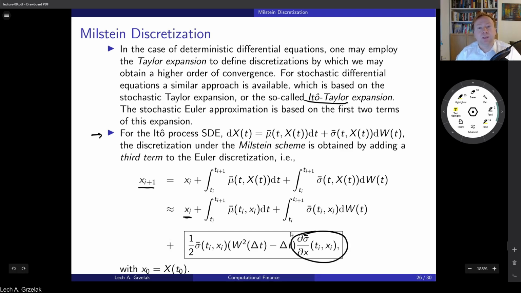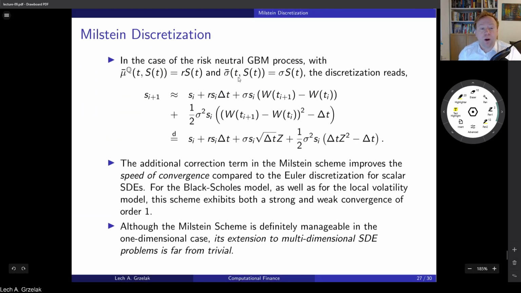Unfortunately, it happens that in this technique, not always is this derivative derived or available analytically. So in a geometric Brownian motion scheme, you can see here we have mu equal to r S, we have a sigma, so this is just a standard setting. So Euler discretization would be S_i, and then we have a part for the drift, and a volatility times the increment of Brownian motion.